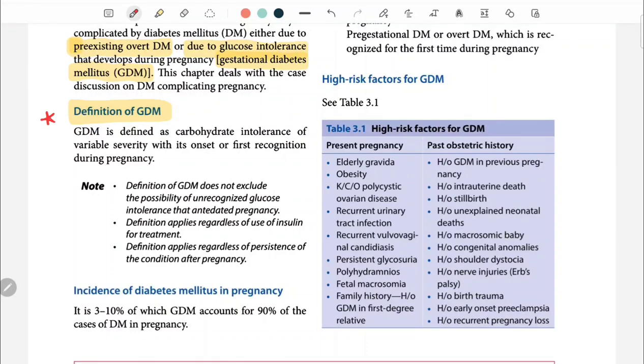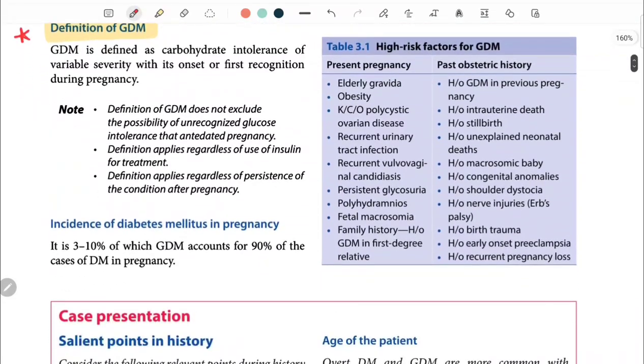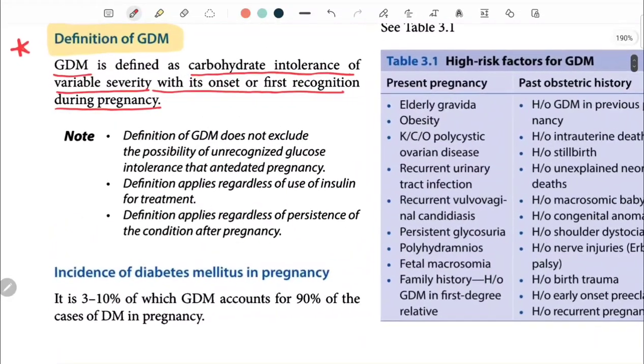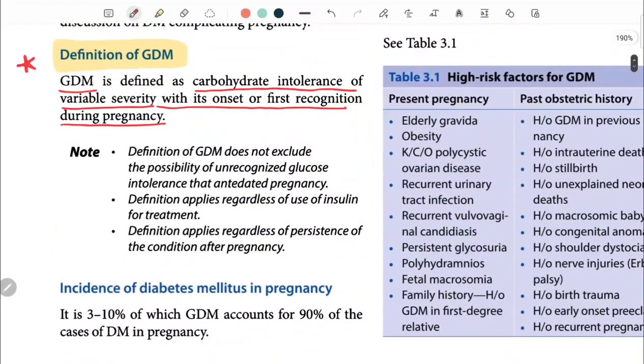Gestational diabetes mellitus is defined as carbohydrate intolerance of variable severity with its onset or first recognition during pregnancy.